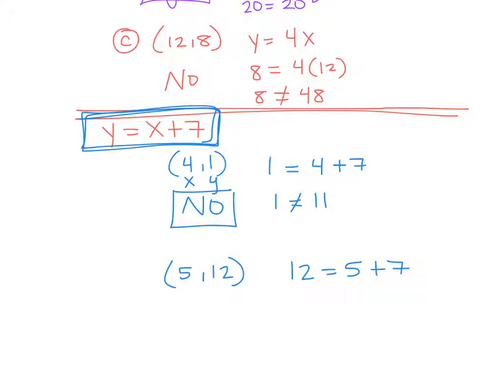So you're just dropping in an x value and a y value. That gives you 12 equals 12, which checks out. So we would say, yes, that is a solution. Any questions on those? Just make sure your first number is your x, your second number is your y. You're just dropping it in, telling me, is it a solution or not?